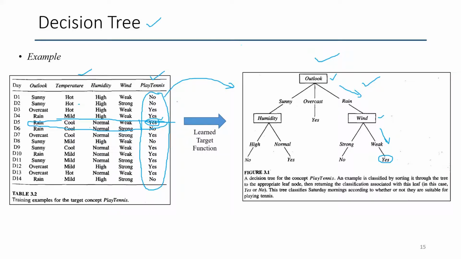Here we have a binary target function, its values are either yes or no. So in decision tree your target function will be a discrete valued function. Remember this.